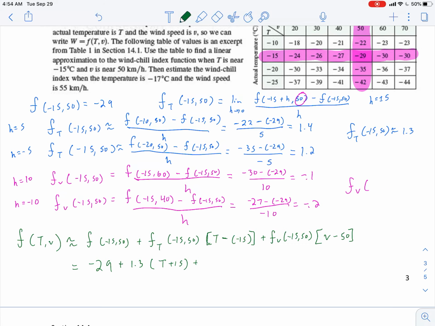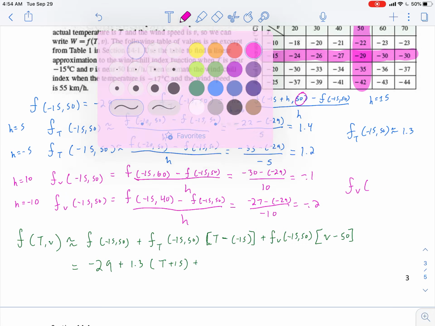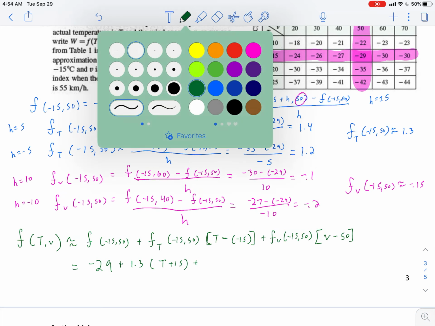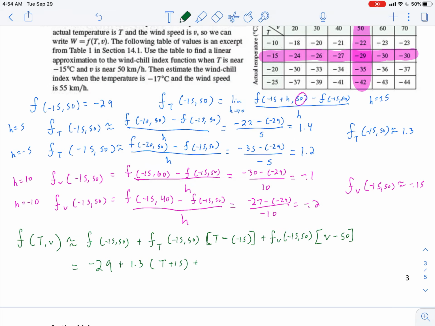Okay, I realized I did not write that down correctly. So let me change this up real fast. So our partial of v at (-15, 50) is negative 0.15. And so negative 0.15 and then v minus 50.